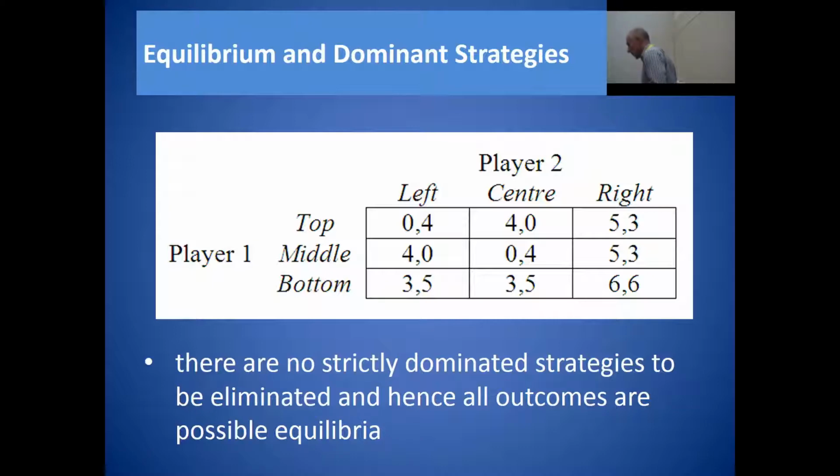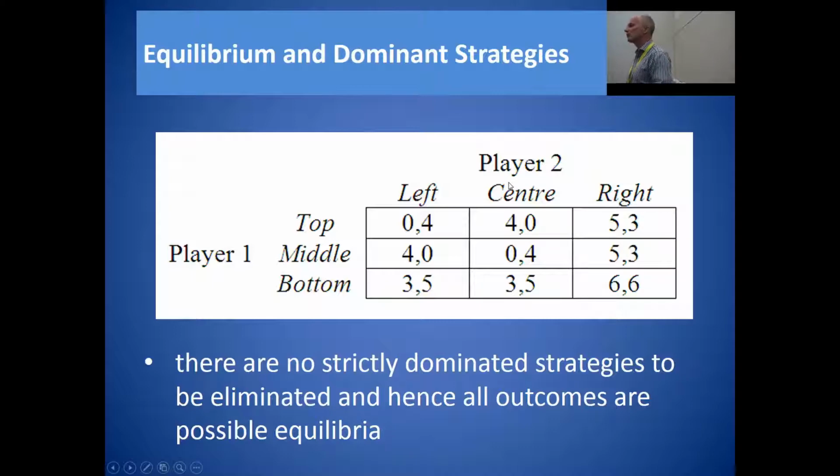Middle. Yeah. If player 1 chose top, he would get a payoff of 0. If he chose middle, he'd get a payoff of 4. If he chose bottom, he'd get a payoff of 3. So, given that choice, player 1 would reason, well, if my opponent chooses left, I will choose to play middle and get a higher payoff. So that's what he would do under that scenario. But let's say that player 2 did not choose left, but rather chose centre.